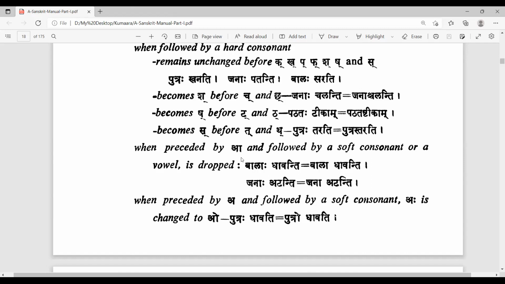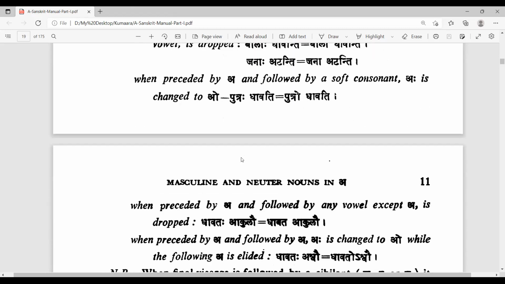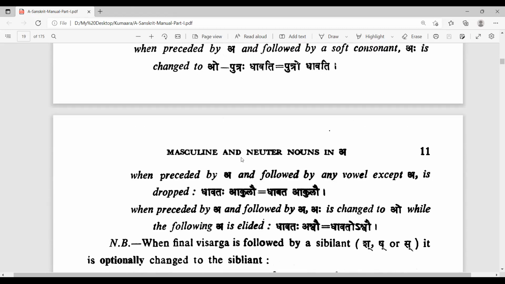Right? When preceded by A and followed by a soft consonant, what will happen? Ukara and Guna happen. When preceded by A and followed by any vowel except A, what will happen? Here also it becomes Yakara only, Visarga to Yakara.